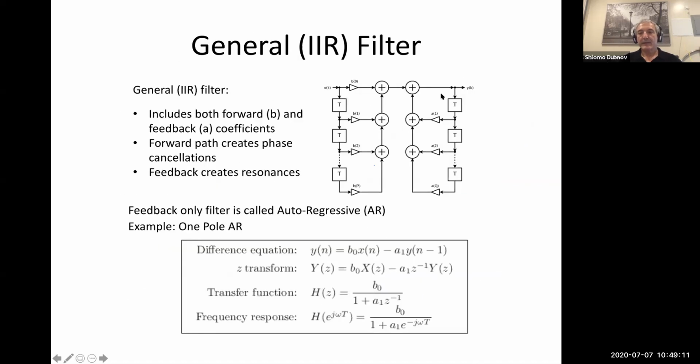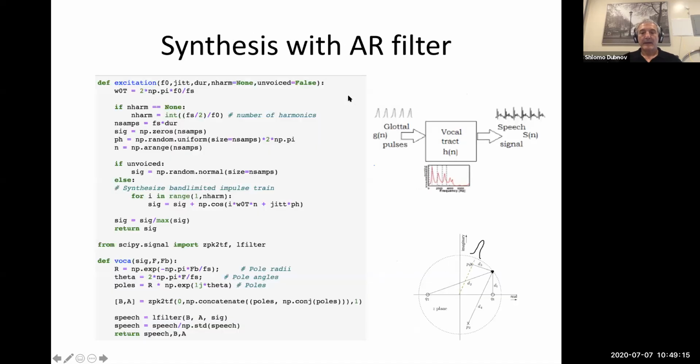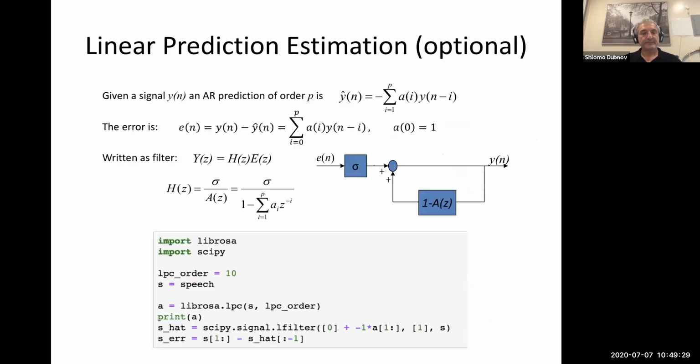It will generate you A's and B's. Now, once you have that, you can take your signal, which was generated here, filter it, and this becomes your speech signal.